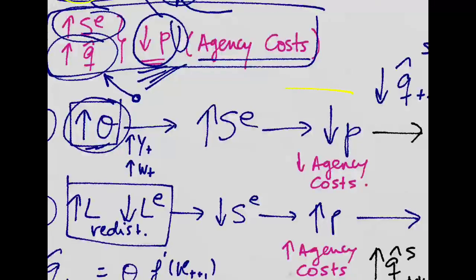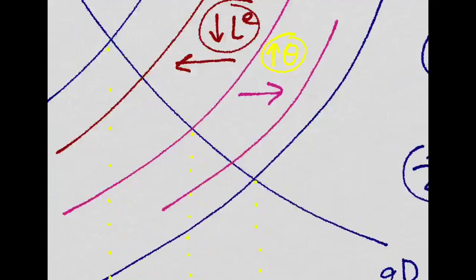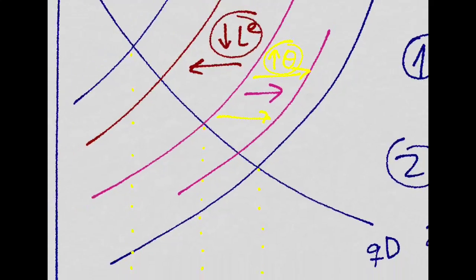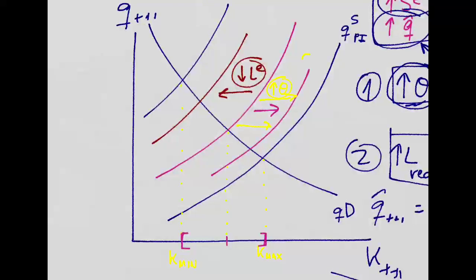And remember, as before, this would lower the agency costs because they would be more solvent. So this positive productivity shock can be seen as a shift outwards of the supply curve. So this goes up like that, and this means that we were able to invest this amount before, but now we're investing this amount here.